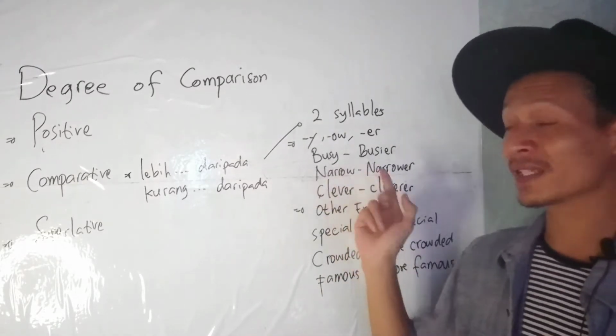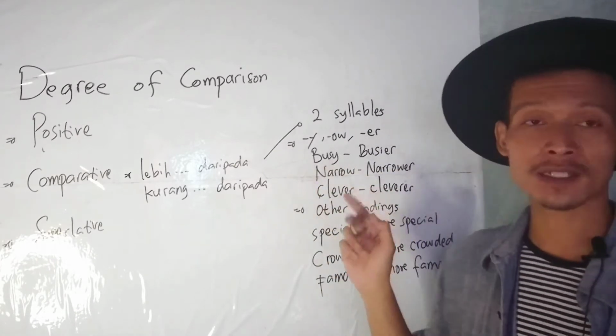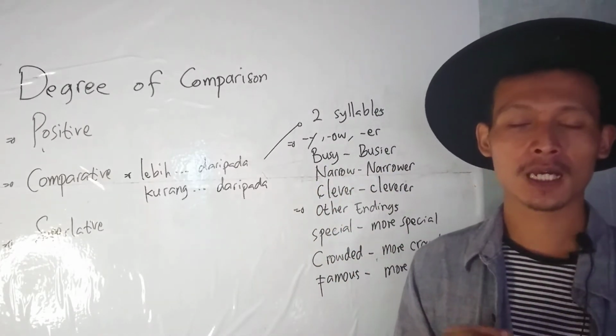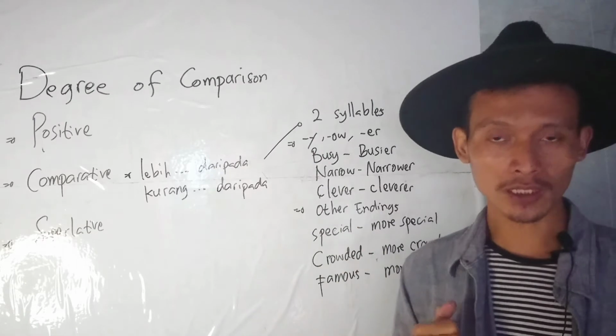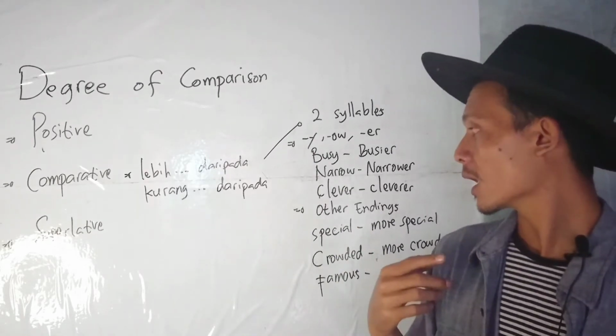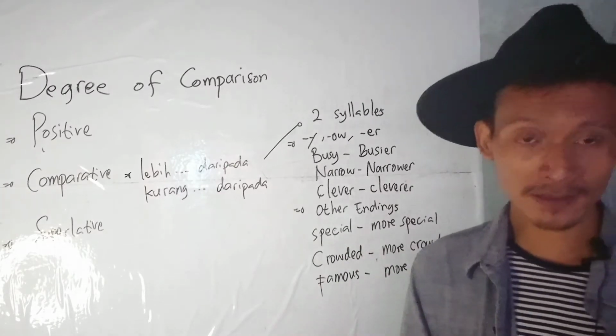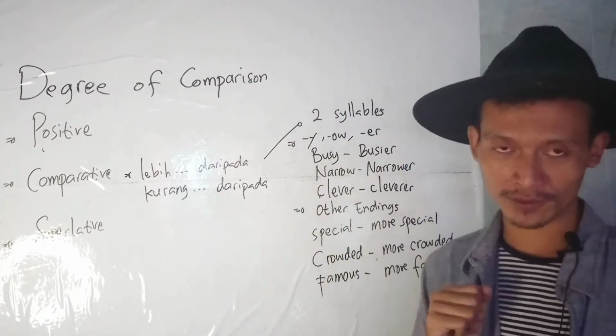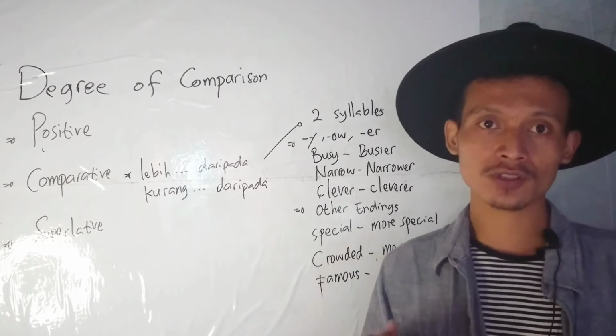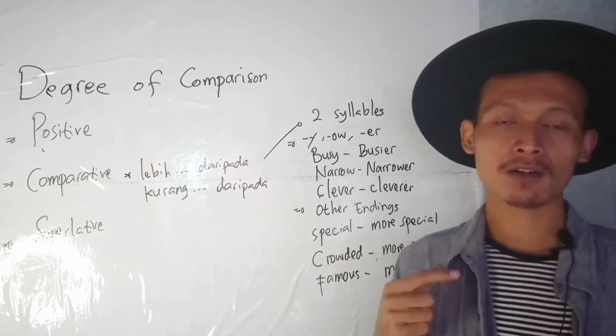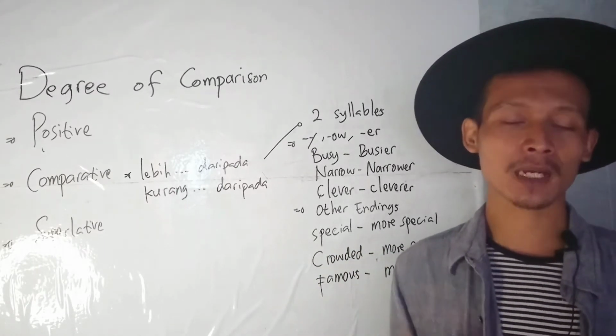So for instance, busy, busier. Narrow, narrower. And then clever, cleverer. And then for other endings, except for this, obviously, we use the comparative concept following the 3-syllabic adjectives.